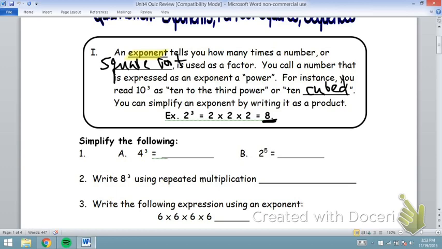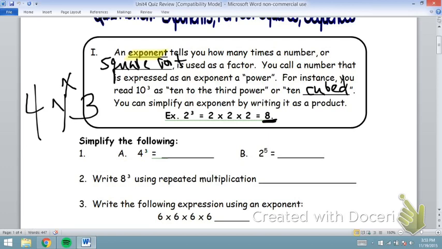Okay, so down here it says simplify the following. You had 4 raised to the third power, which is the same as saying 4 times 4 times 4, or 4 times itself 3 times, or whatever number the exponent is. So working that out in a calculator, which you guys can all use, you would type in 4, yx, and then 3.